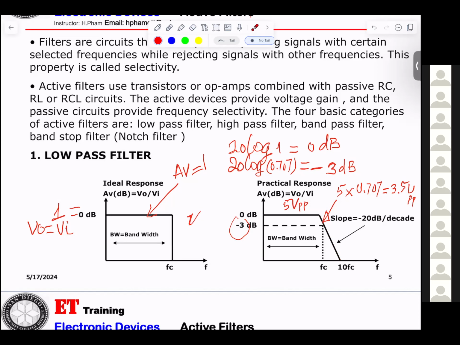What does that mean? When you look at the display, they say slope equals minus 20 dB per decade. How much do you understand?